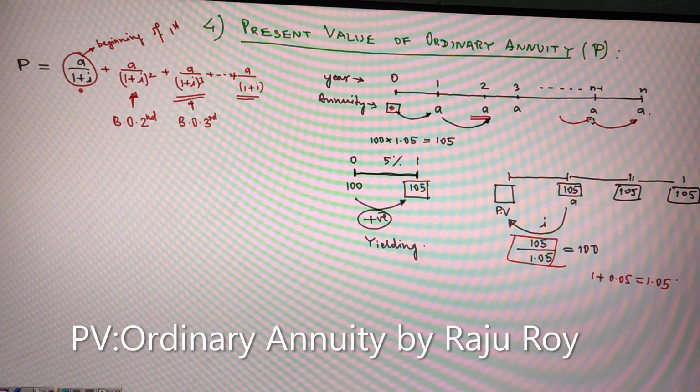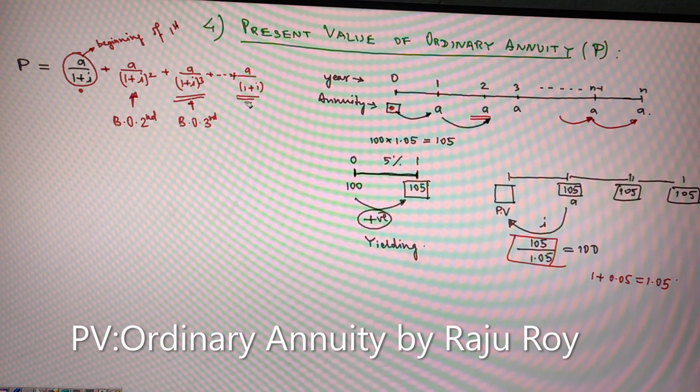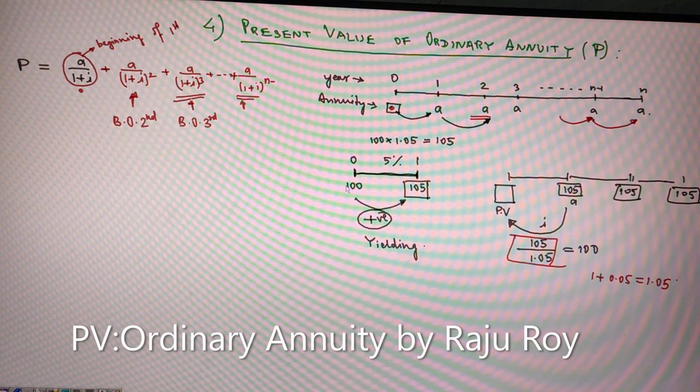So here I am paying, this place. This is the beginning of the n minus 1th year. So I will be paying n minus 1 power, actually. This is the nth year, beginning of the nth year, right?